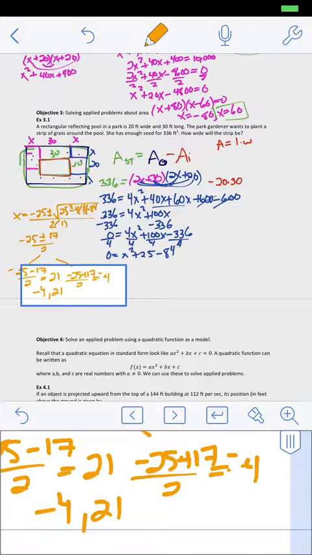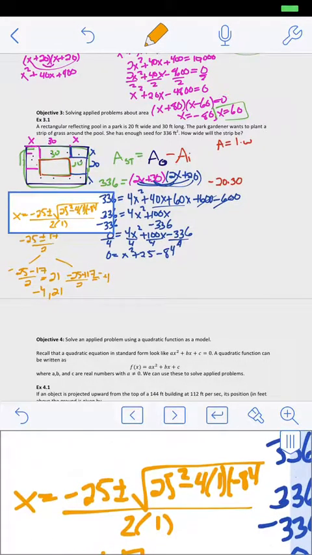Wait a minute. I think something went wrong in my quadratic formula. Hold on one second. Oh, it should have been plus. My apologies.